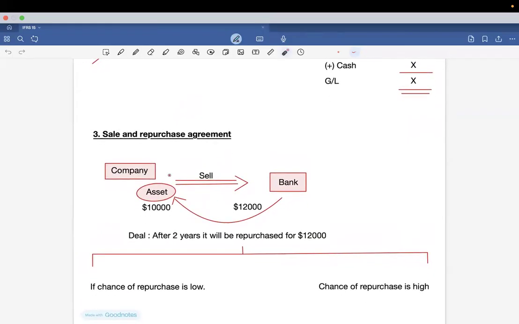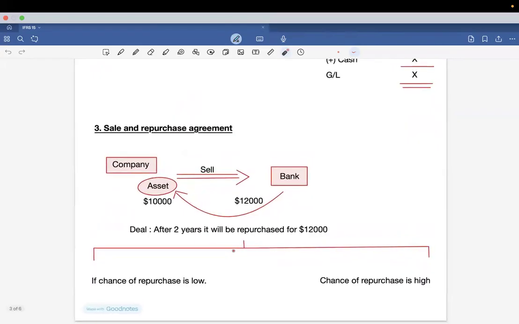Now, the sale and repurchase agreement. This happens between a company and a bank. Suppose you have an asset and you're going to sell it to the bank. Let's say the asset cost 10,000, and the bank gives you 12,000 for it.